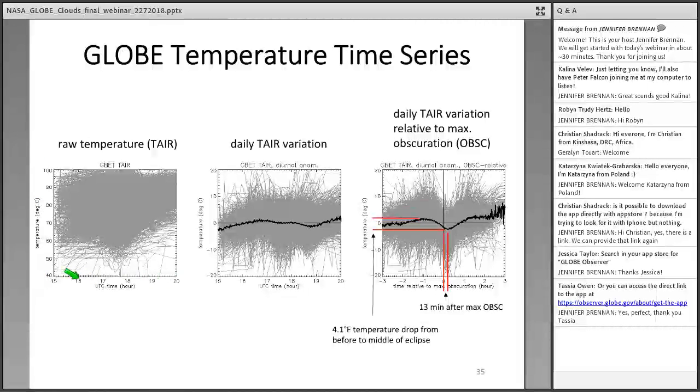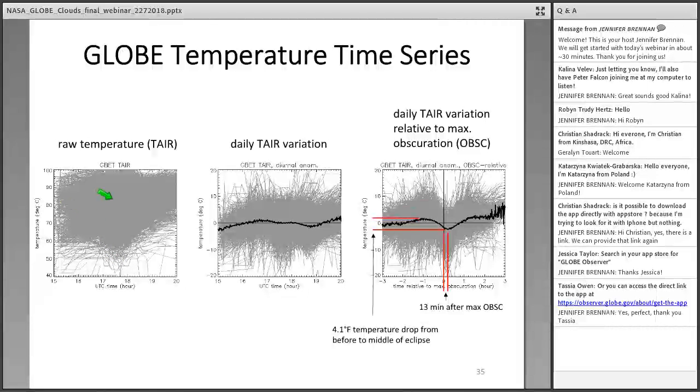The x-axis is the UTC hour, and the y-axis is temperature, in degrees Fahrenheit. This looks like a big mass of spaghetti, as you might expect, because these are temperature observations taken all over the United States. However, even here you can see that around 17 to 18 UTC there appears to be some sort of decrease in the temperature, which is a signal of the temperature depression caused by the solar eclipse event.